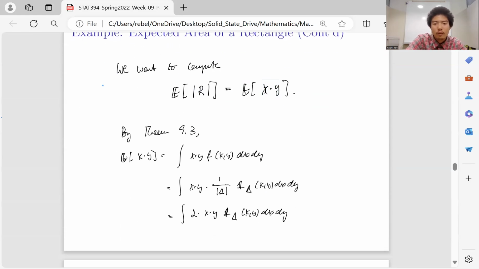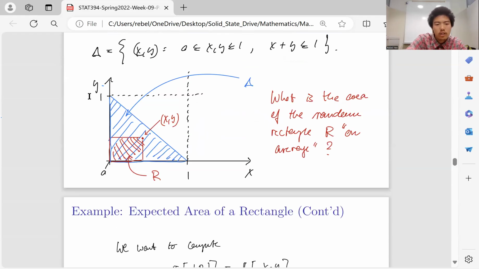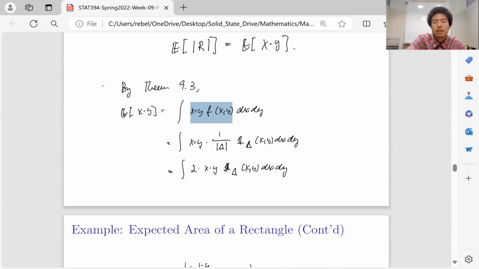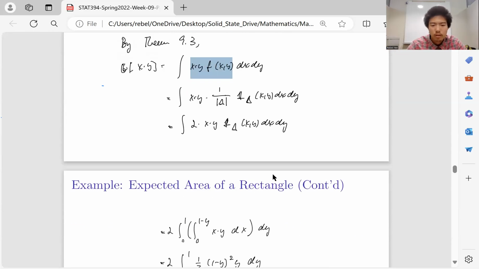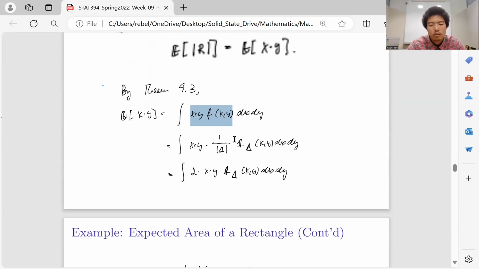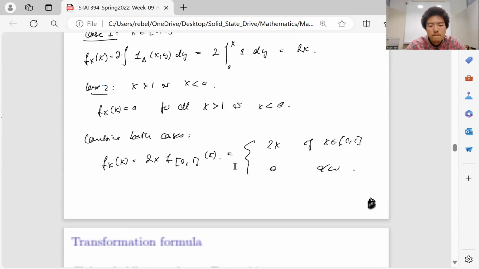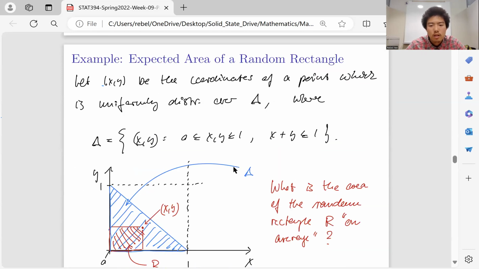And we can denote this by g and multiply the g function by the density function. The density function here we already solved: although the triangle is changed to another side, the area is the same, so it's 2 times the indicator function. We can separate the 2 out and replace the indicator function with the boundary condition.